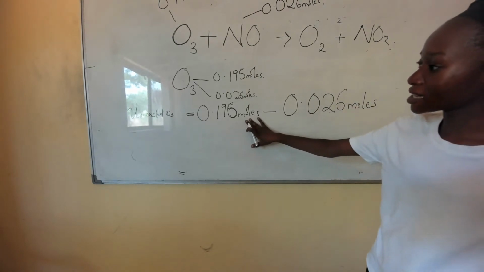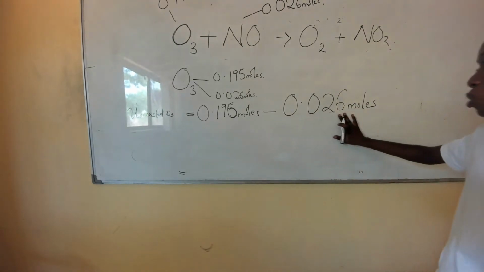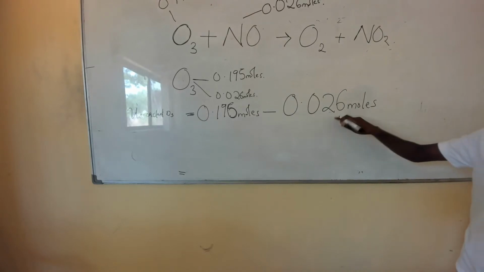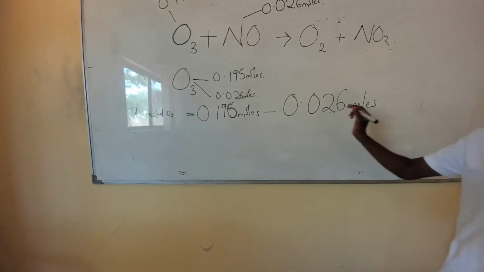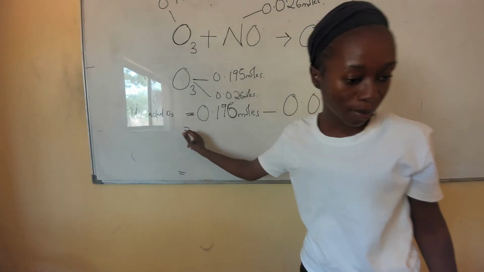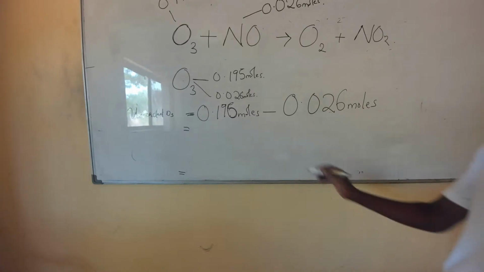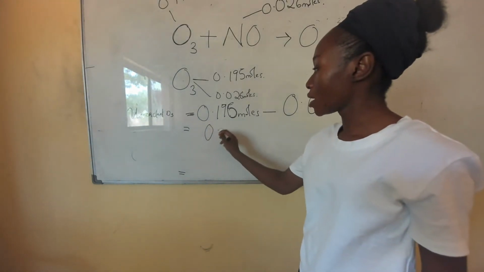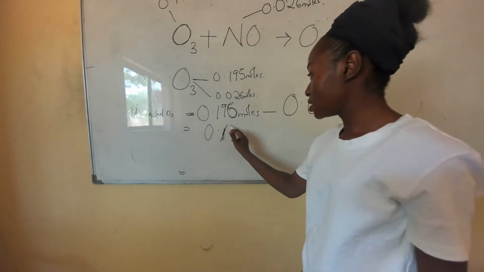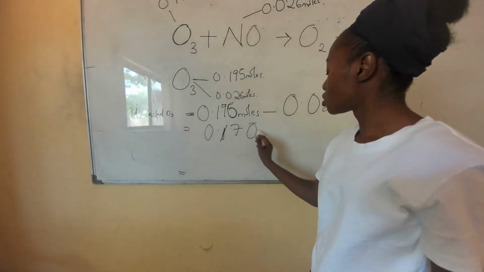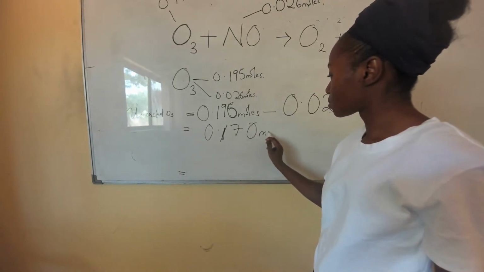So this was the excess of the ozone, and this was the amount of ozone that reacted. So when we subtract the both of them, we are going to get 0.170 moles.